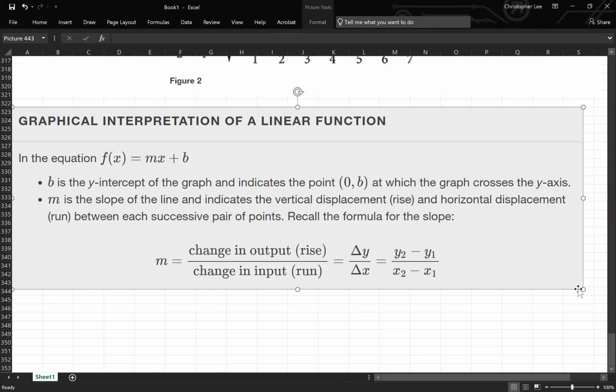In the equation f(x) = mx + b, b is the y-intercept of the graph and indicates the point (0, b) at which the graph crosses the y-axis. m is the slope of the line and indicates the vertical displacement, rise, and horizontal displacement, run, between each successive pair of points. Recall that the formula for the slope is the change in output, rise, over the change in input, which is run, right? So change in y over change in x.